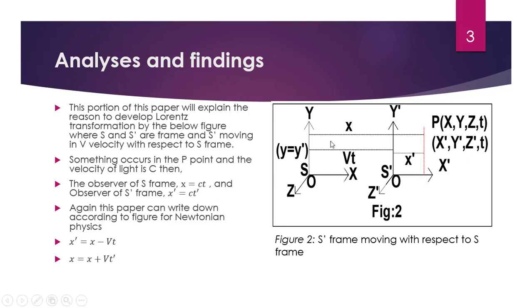Here t is the observer's time in the S frame, and t dash is the observed time in the S dash frame.